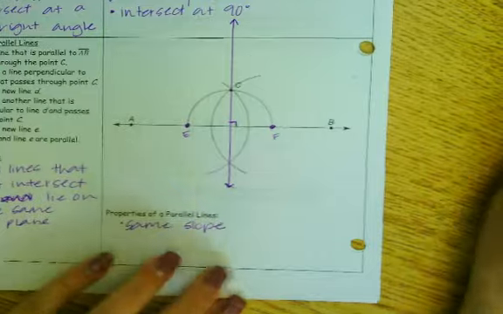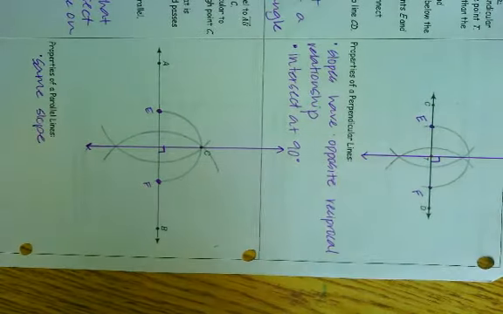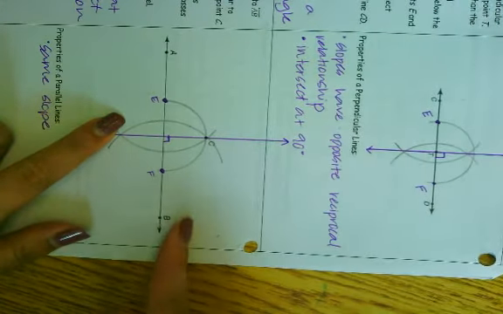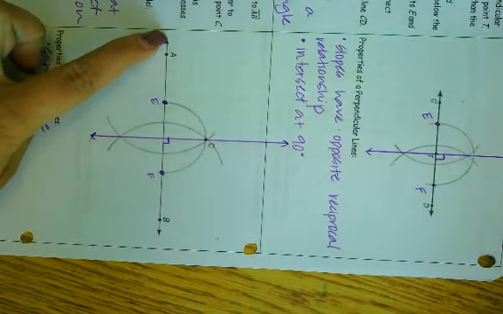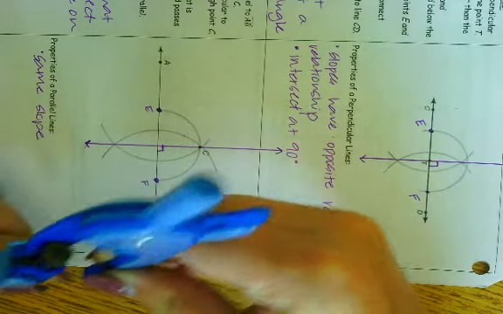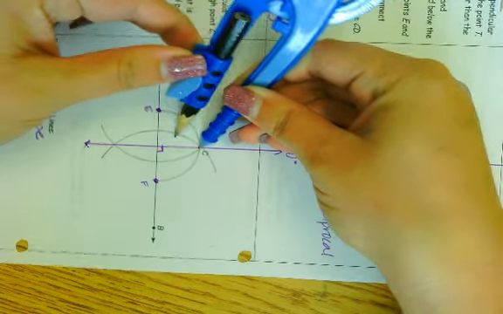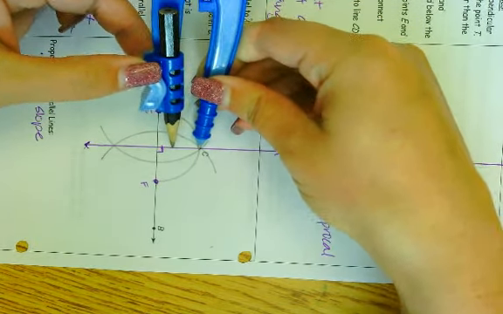Now, once you've done that line, rotate your paper so that you're looking at it this way. Now we need to draw another perpendicular line that goes through point C so that it's parallel to AB. This time when you draw your initial arc, C is going to be your center, so draw a semicircle with C as your center.